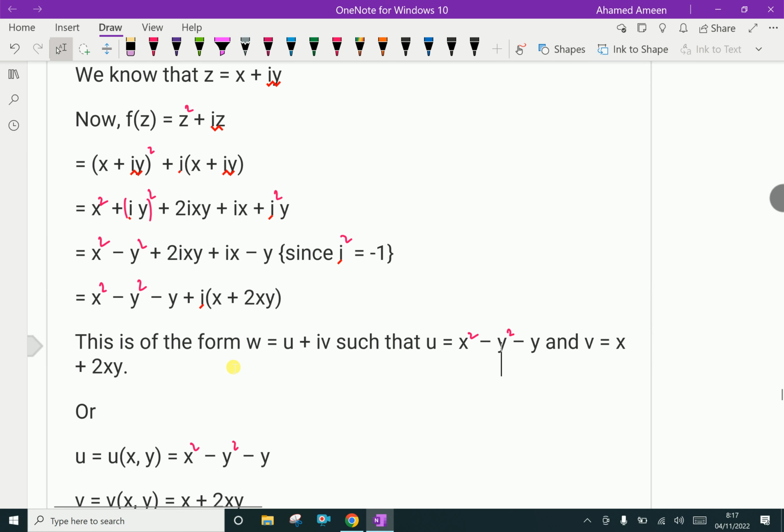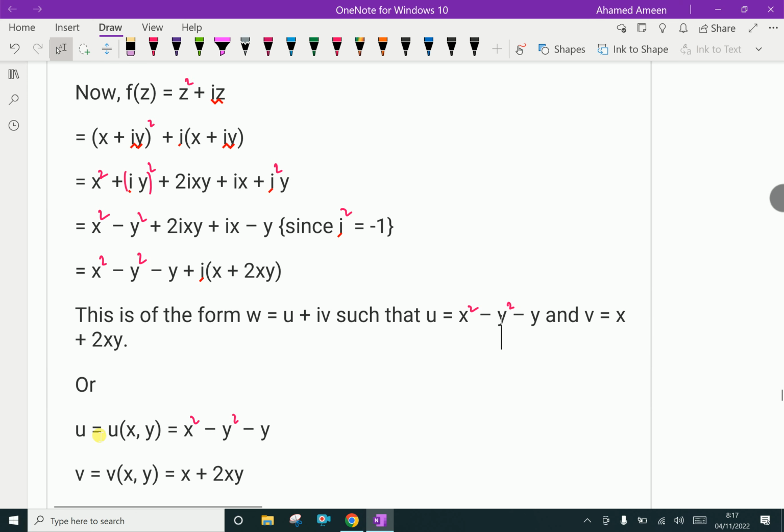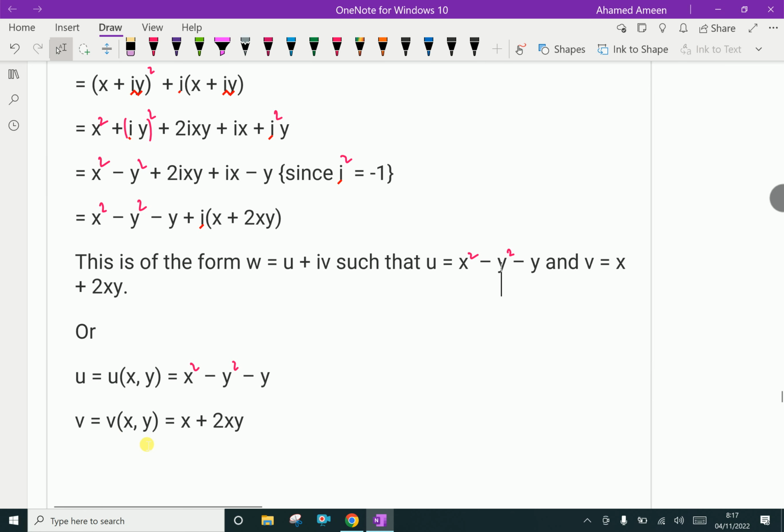Or we can write u equals u of x comma y, the real valued function, that is x squared minus y squared minus y, and v equals v of x comma y, a function of x and y, equal to x plus 2xy.